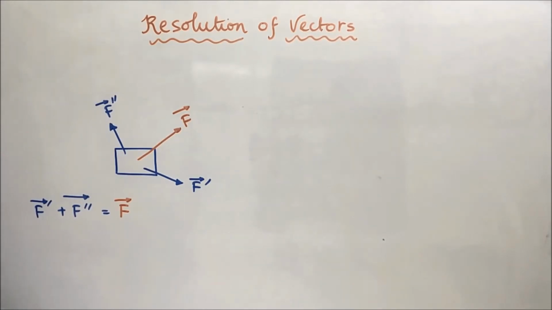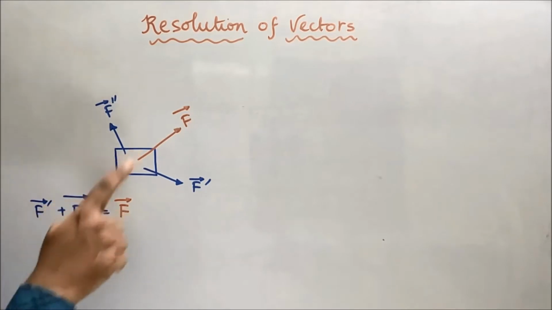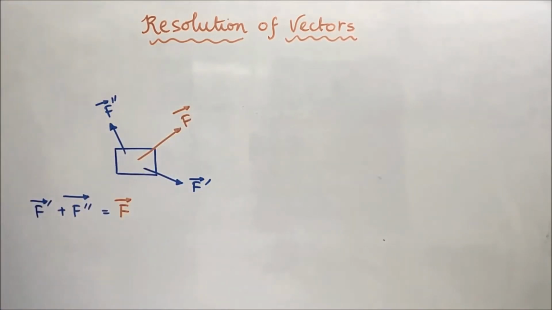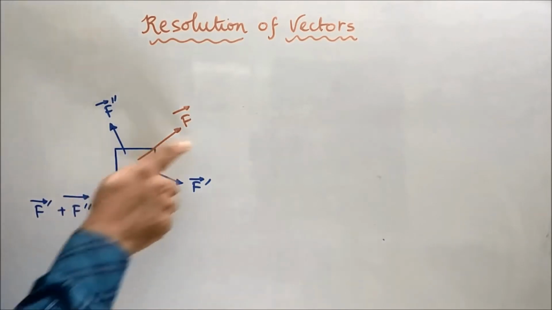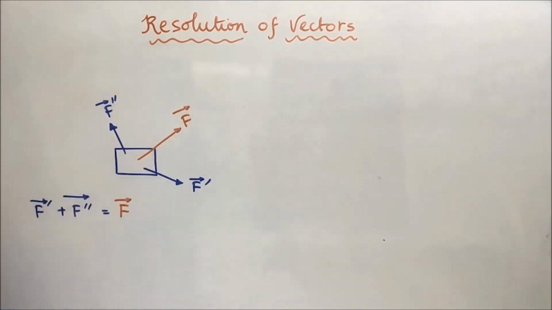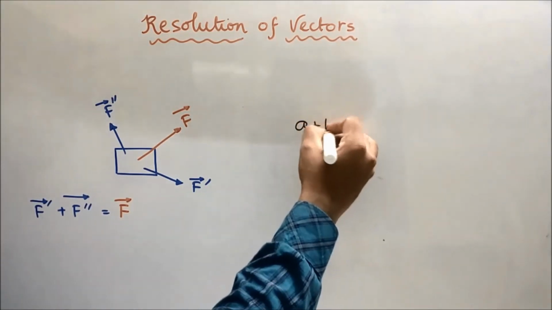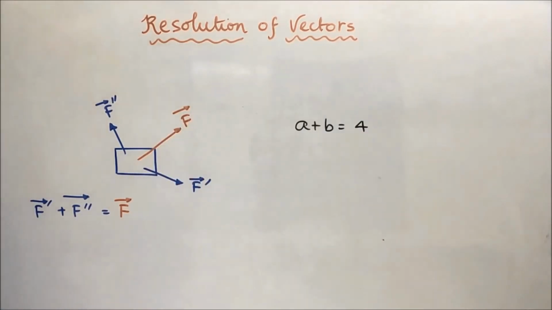Now suppose these two forces become invisible, so you will see only this block moving along the force F. If I ask any one student what could be the reason for this force F, then different students may give different answers. For example, if I ask a simple mathematical question that A plus B is equal to 4, and let us take A and B as natural numbers, and if I ask the students what could be the values of A, different students will give different answers.